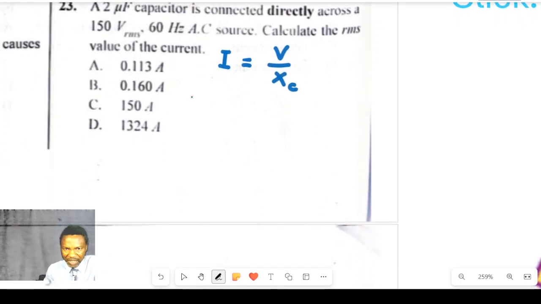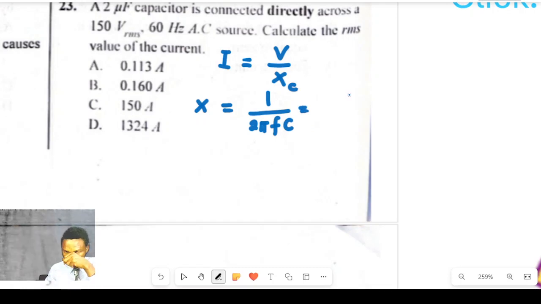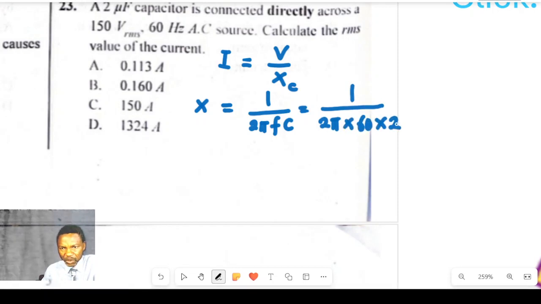So the capacitive reactance is equal to 1 over 2 pi f c, with 2 microfarad. So that we have 1 over 2 pi times 60, then times 2 times 10 raised to power minus 6.